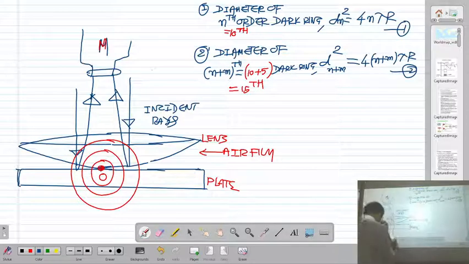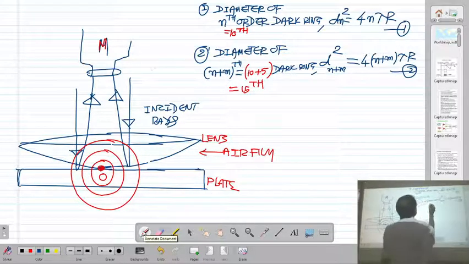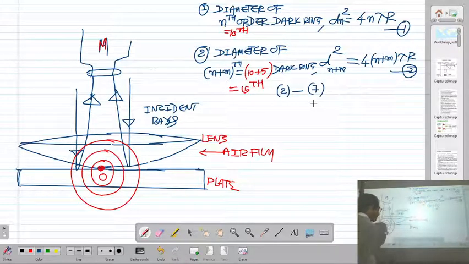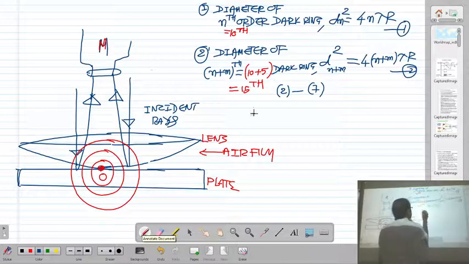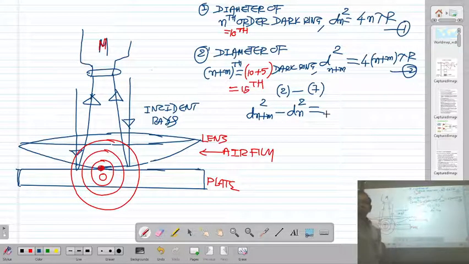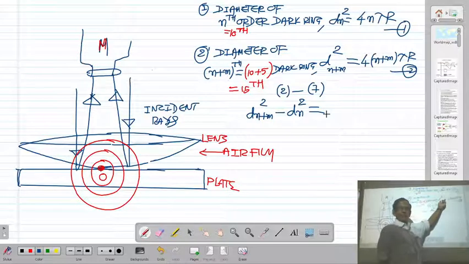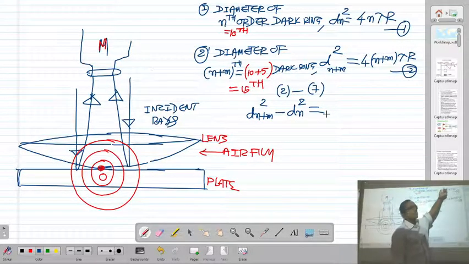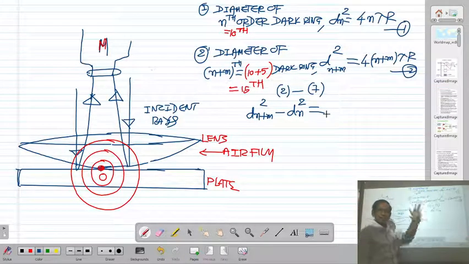If I take the difference of these two equations, 2 minus 1, I will get D n plus m square minus Dn square. D n plus m is the diameter of the n plus mth order dark ring, that is the 15th dark ring in air, and Dn square is the diameter of the nth order dark ring, that is the 10th dark ring in air.